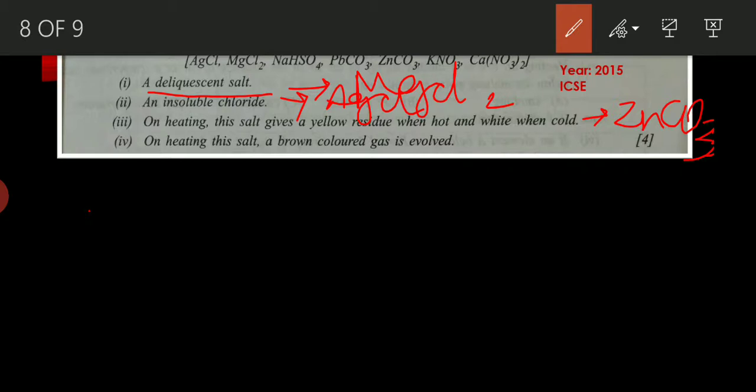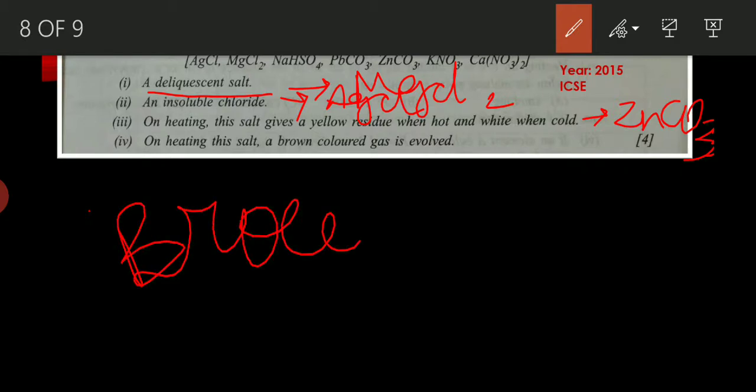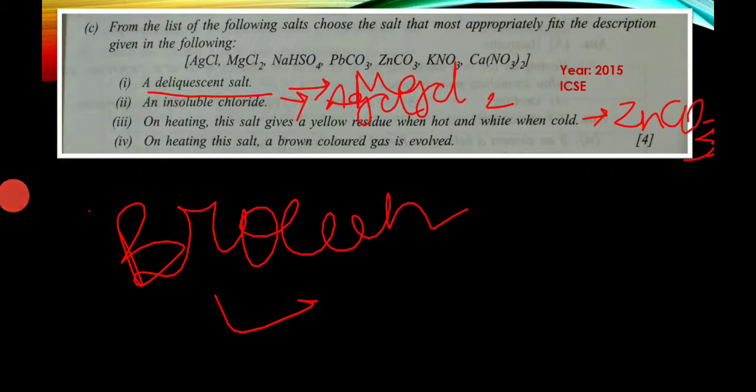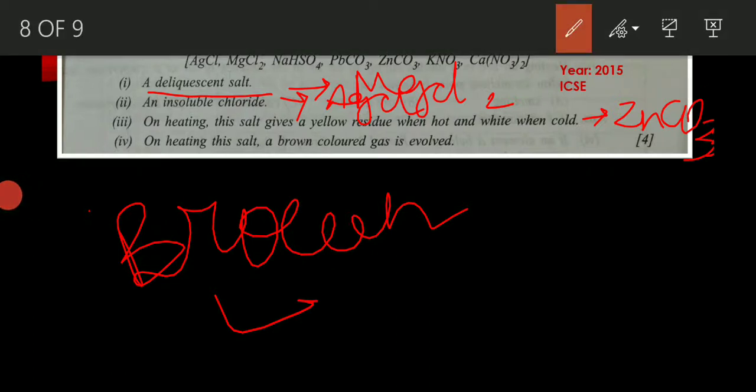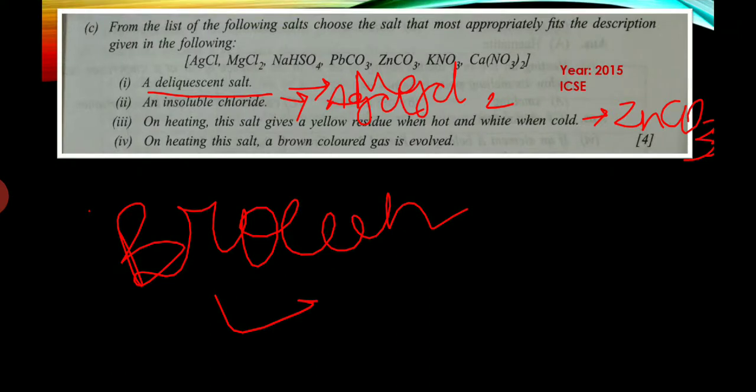Now the last question. On heating this particular salt, a brown colored gas is evolved. Very, very easy. Brown colored gas means this has to be NO2, nitrogen dioxide.